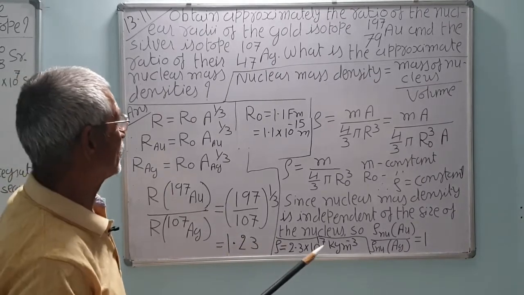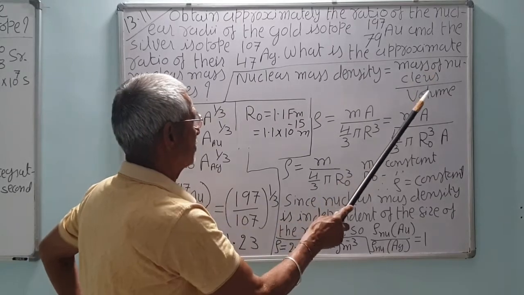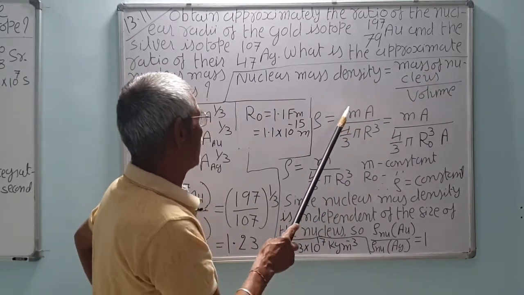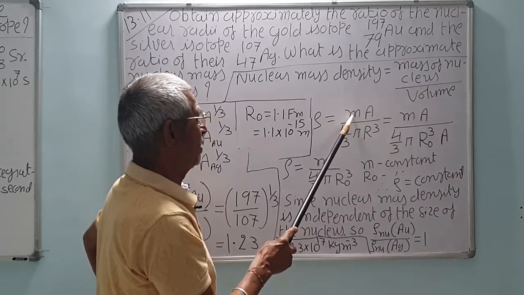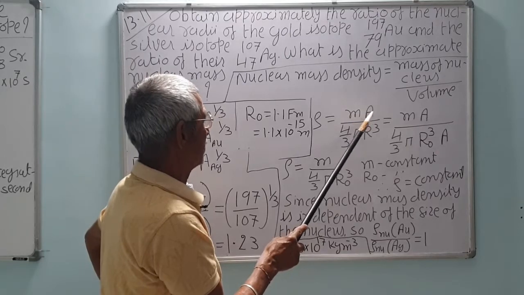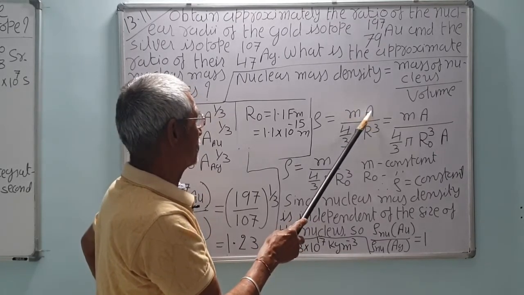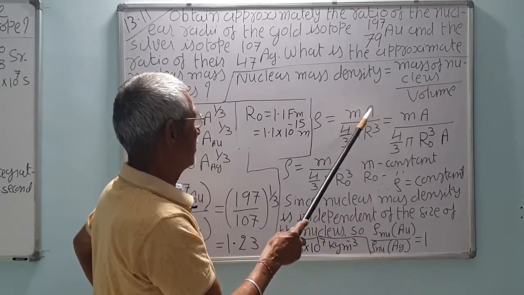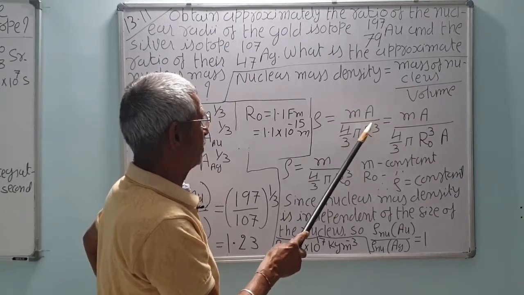Now, let us see for the density, which is always the same. Nuclear mass density is equal to mass of the nucleus upon volume. Suppose the mass of one particle, neutron or proton, approximately considered the same, is m, and the number of particles is A, that is neutron plus proton altogether. So, total mass is mA upon volume 4 upon 3 pi R cube.